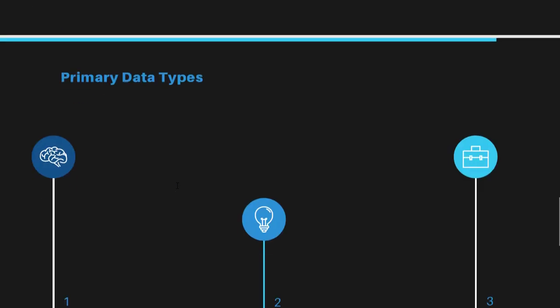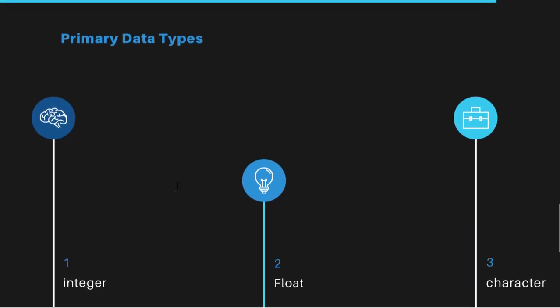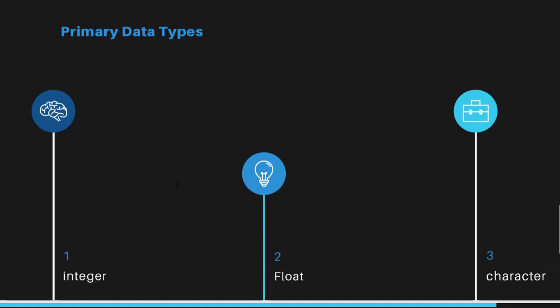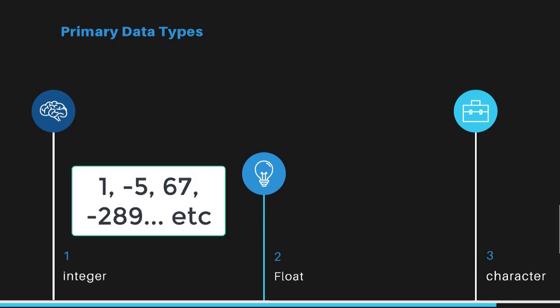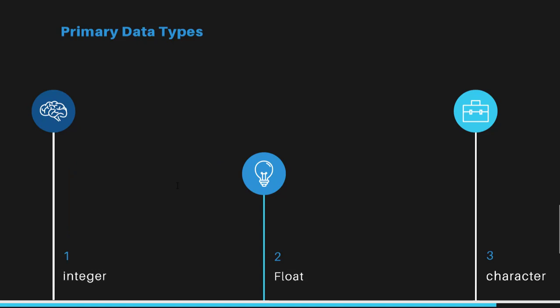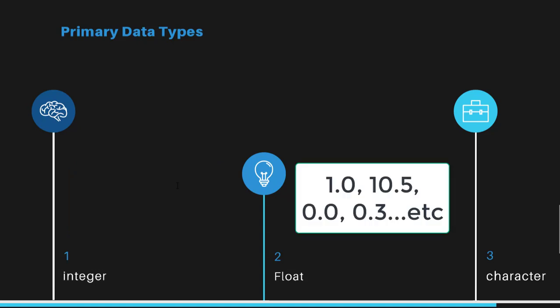So these are the primary data types. Integer, that's whole numbers, negative, positive whole numbers, and float, those are decimal values like 1.0, 10.5, 0.3. Any number with decimal value, that's a float or a double.